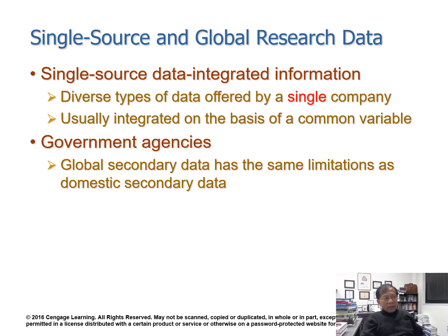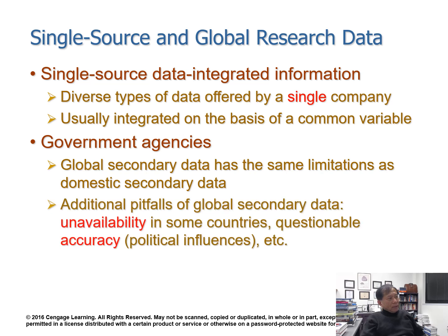Global secondary data has the same limitations as domestic secondary data. Other governments may be doing much worse than the U.S. government in assuring data accuracy. Additional pitfalls of global secondary data include unavailability in some countries and questionable accuracy because of political influences.